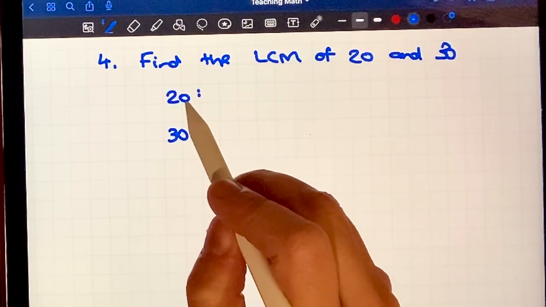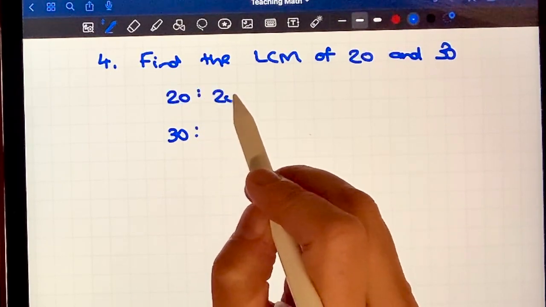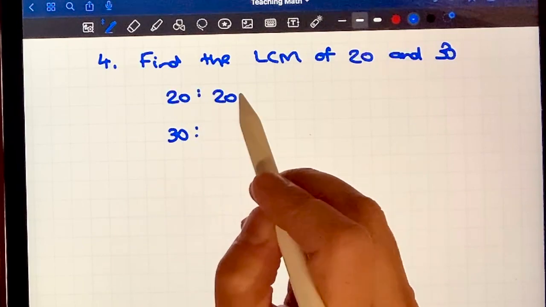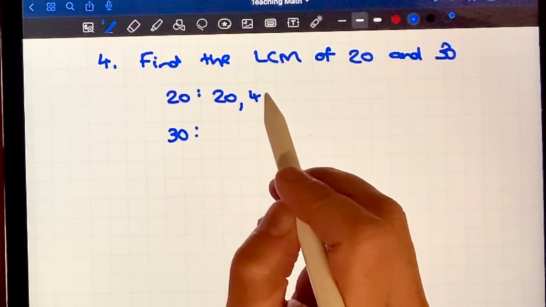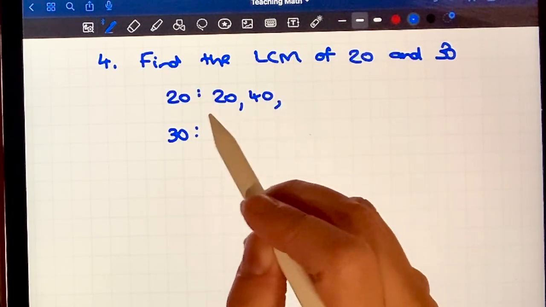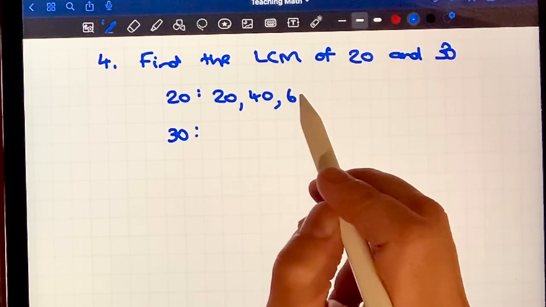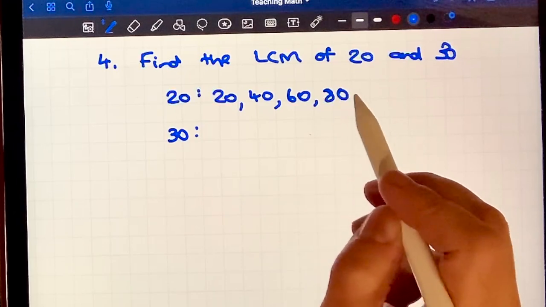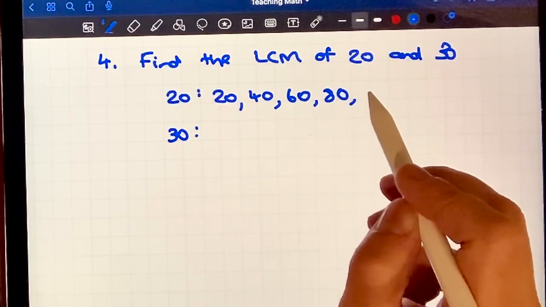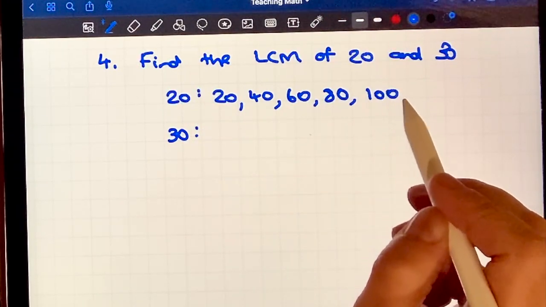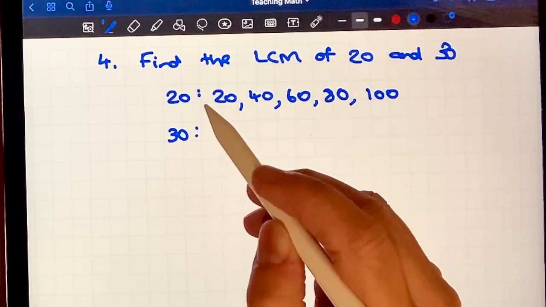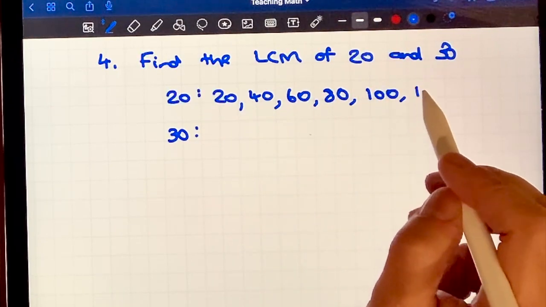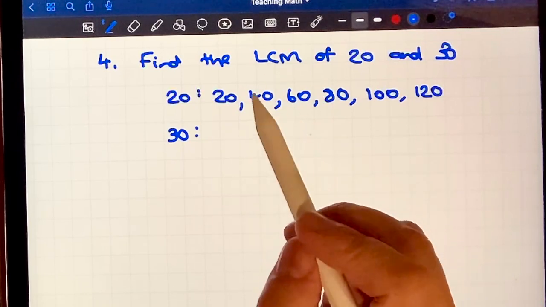So 1 times 20 is 20, 2 times 20 is 40, 3 times 20 is 60, 4 times 20 is 80, 5 times 20 is 100, and 6 times 20 is 120.